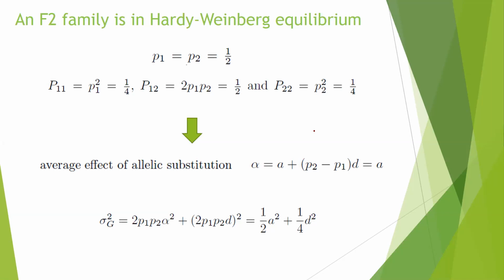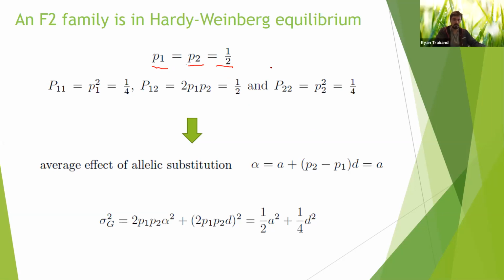But in the F2 family, this is a very special case. This is not a general case. Why? Because in this specially designed F2 family, P1 equals P2 equals 1/2, right? Because we start from a single F1.